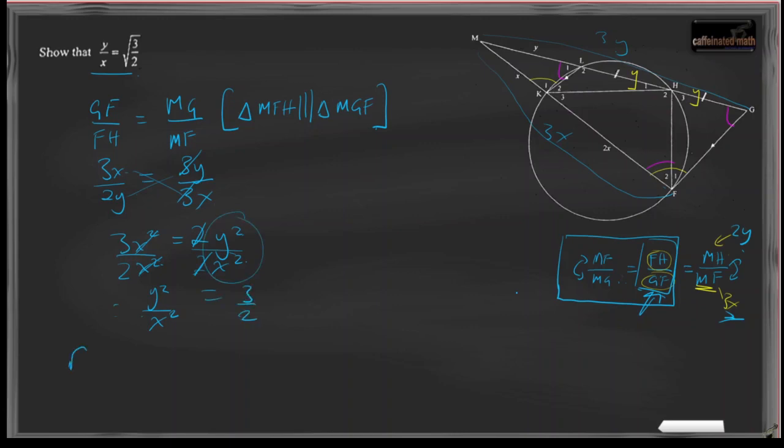Take the square root on both sides, and that gives us y over x being equal to, well, we can do better than that, the square root of 3 over 2 as required, and it has to be positive because we're dealing with positive lengths, obviously.